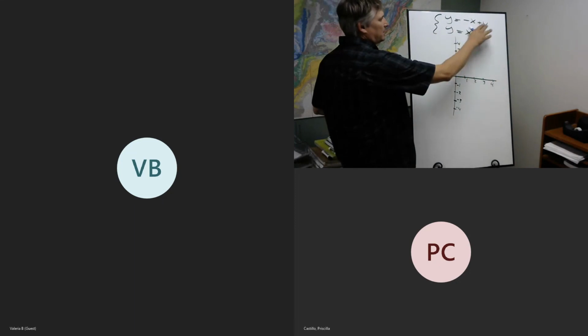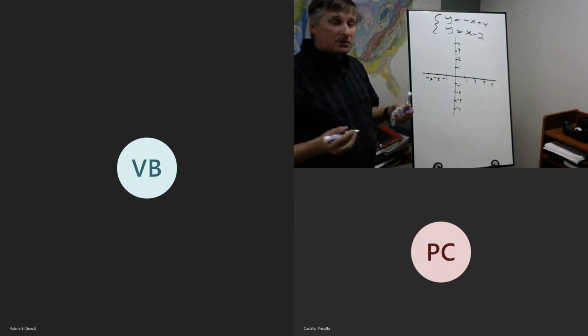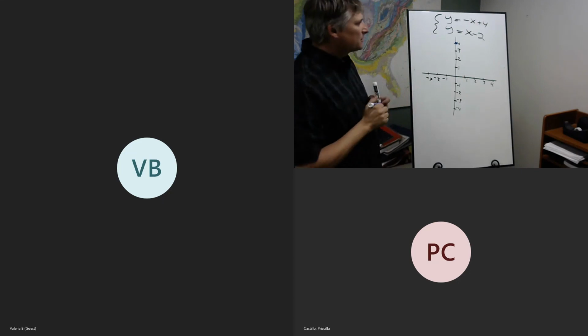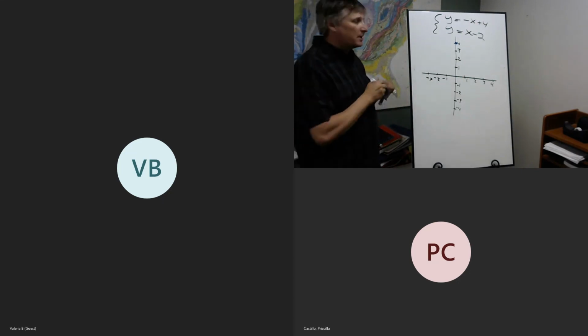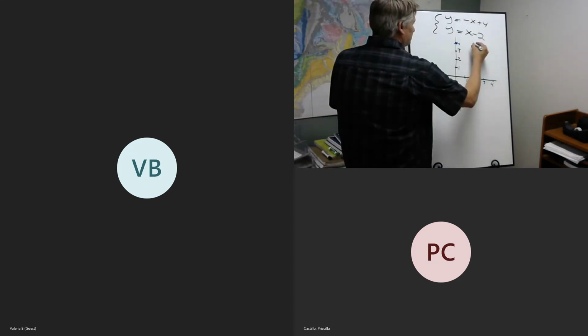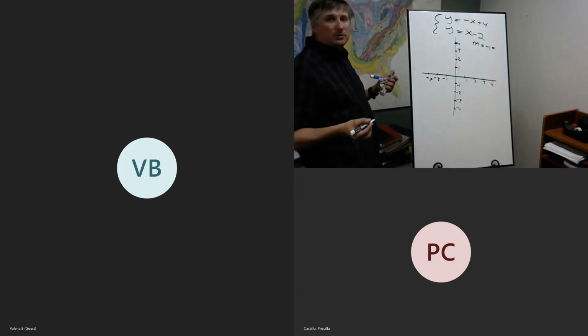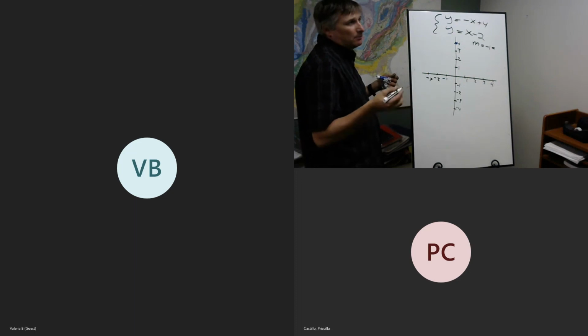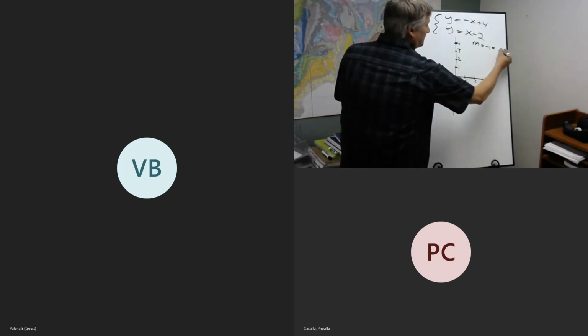So mx plus b. B is going to be 4. And the slope in this case is negative 1. When you have a whole number, in this case an integer, place a 1 in the denominator.